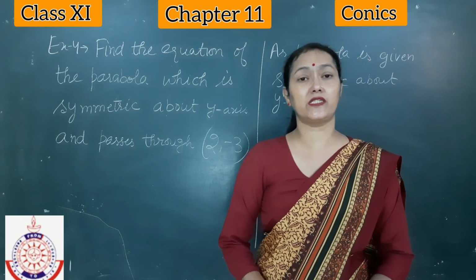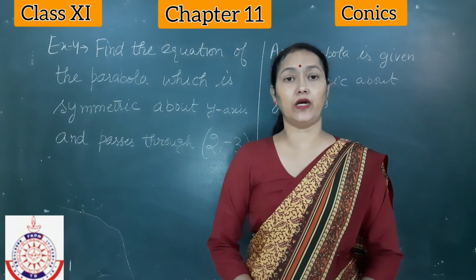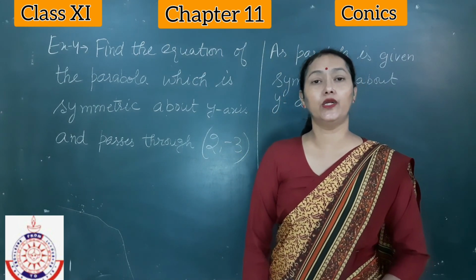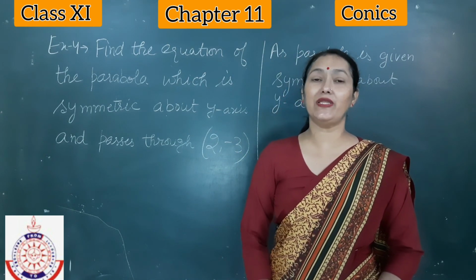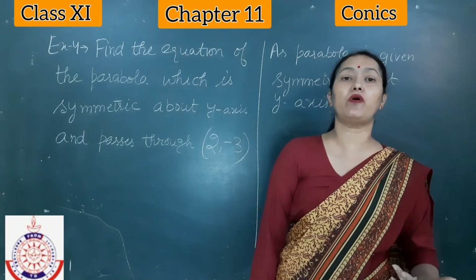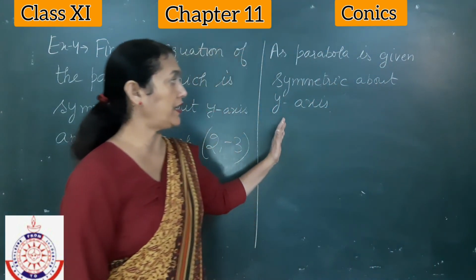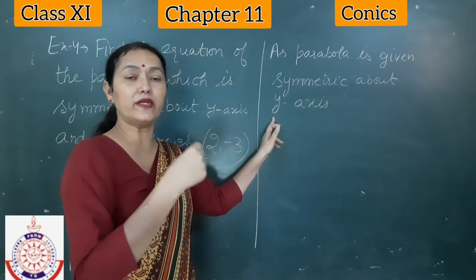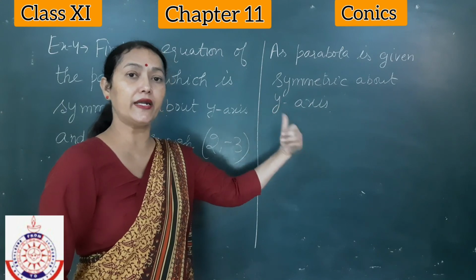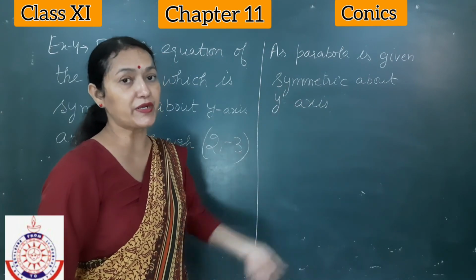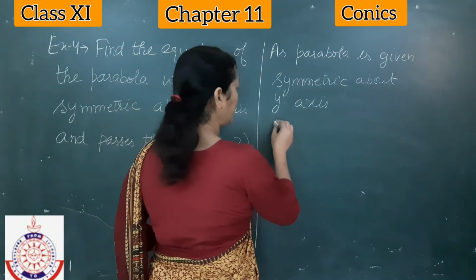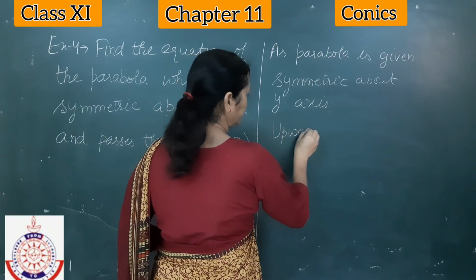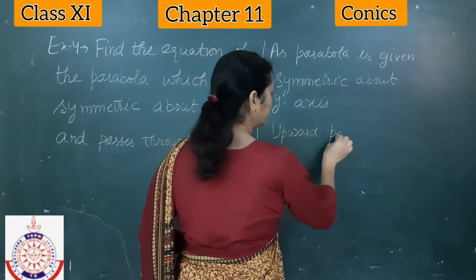Number 4, they are saying find the equation of the parabola which is symmetric about the y-axis and passing through the point (2, -3). When they are saying that the parabola is symmetric about the y-axis, we can have two parabolas. Either it can be an upward parabola or a downward parabola, because upward and downward parabolas are both symmetric about the y-axis.